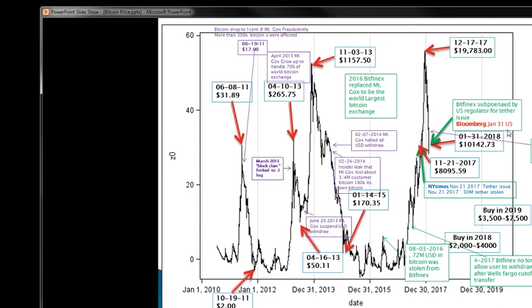It says Bitfinex was subpoenaed by the U.S. regulator for the Tether issue. Bloomberg published that on January 31st, but really they got into this maybe several days earlier. Anyway, this is much later.